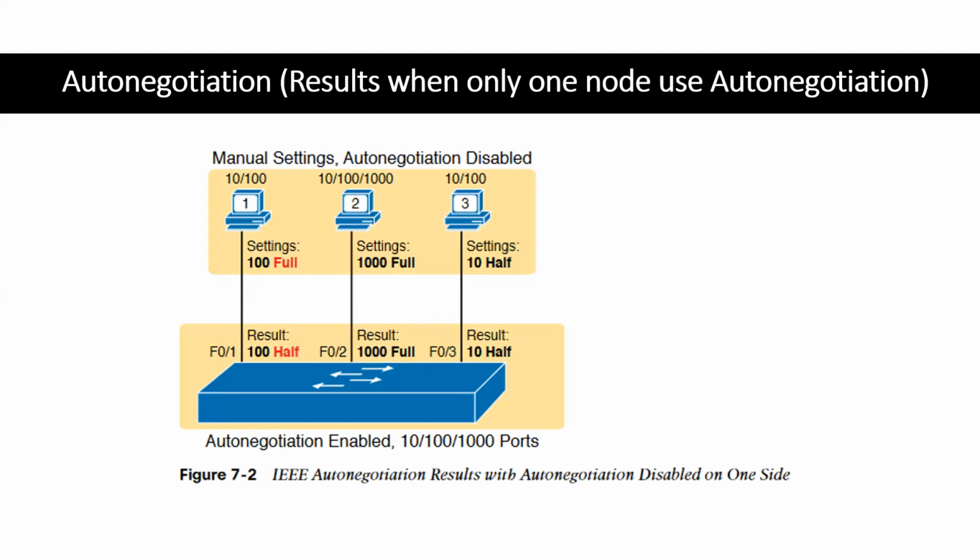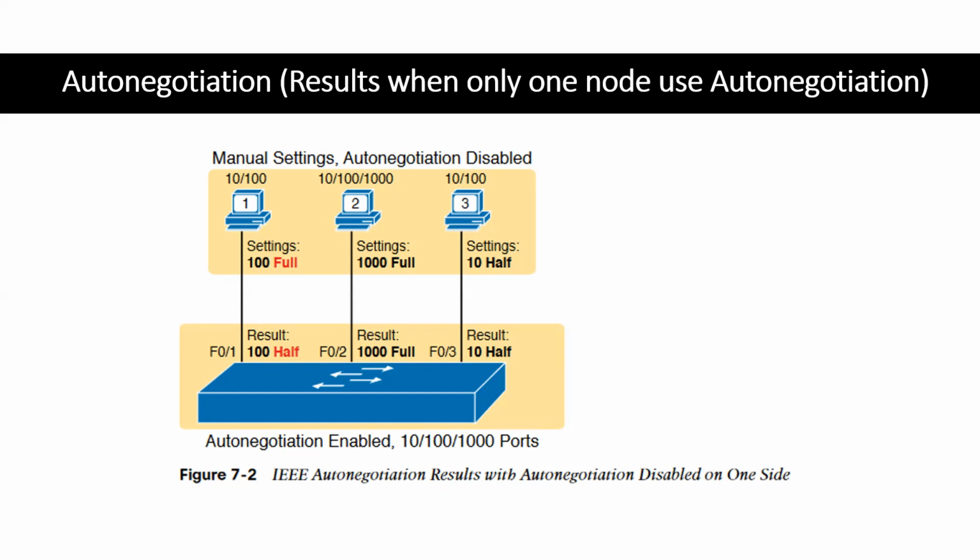So let's look at this. PC1. What is happening here? The switch receives no auto negotiation messages, because that's what it's looking for first. So it's thinking, I'm not getting any auto negotiation messages, even though I'm connected. But within these Ethernet cables, electrical signals are being sent.